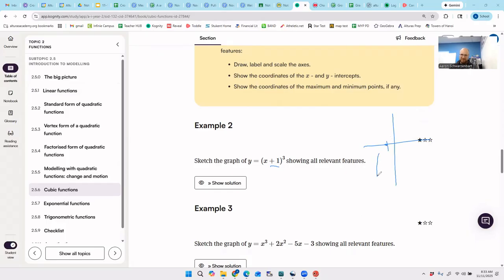So it takes my general cubic, moves it 1 left. I'm sure they want this point at 0, 1, which is the y-intercept, and negative 1, 0. Those are the 2 points I believe they'll want.